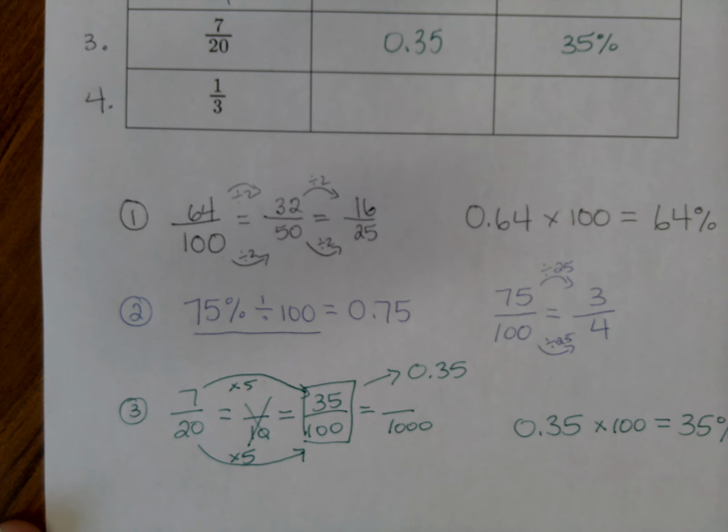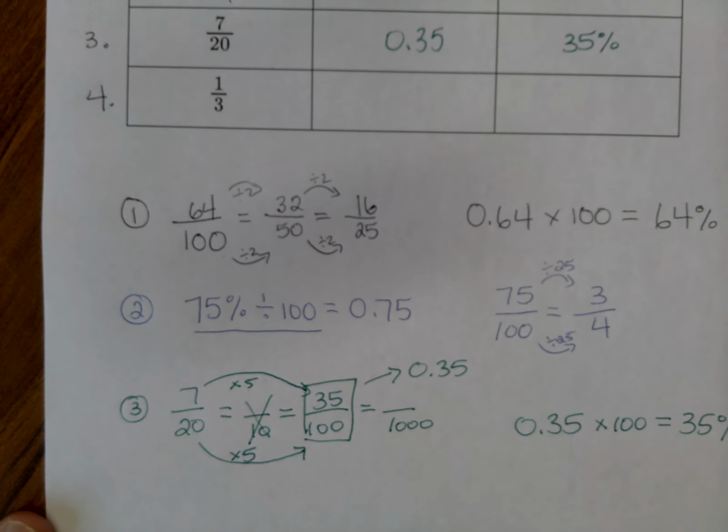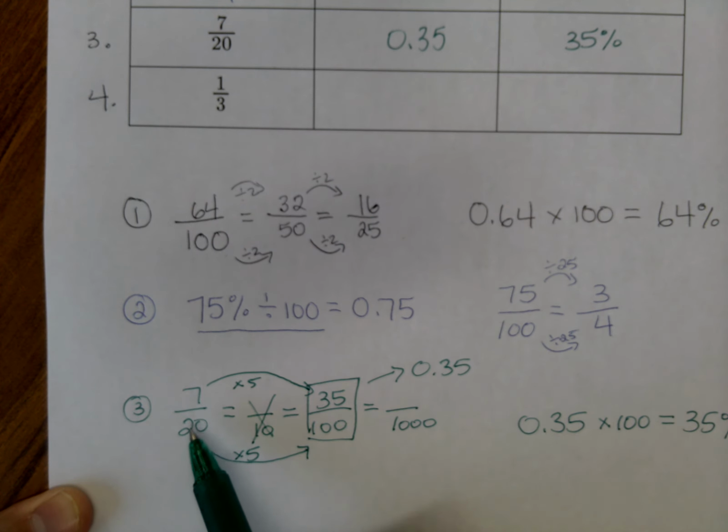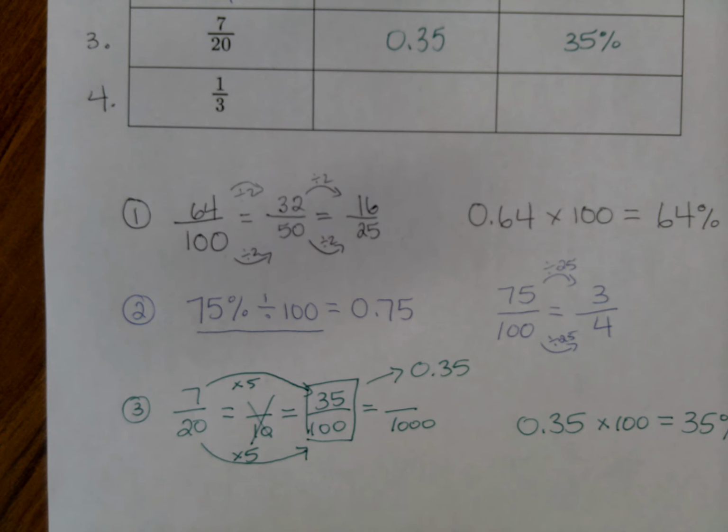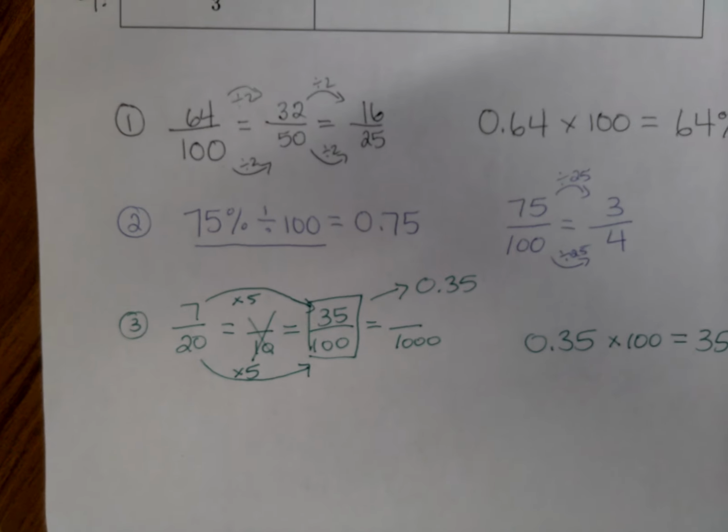There is another way that we can do it. And that way is by doing what's written right here, 7/20. This line, if we remember that it is divided into 20 pieces. So this 7 is divided into 20 pieces. And if we just do that division, we will get our answer.